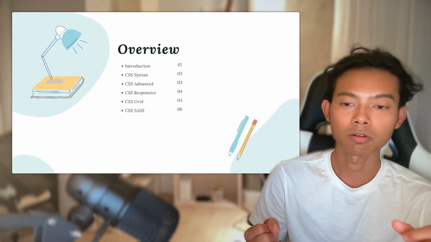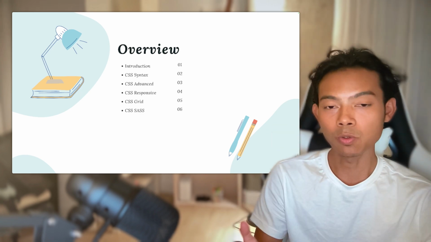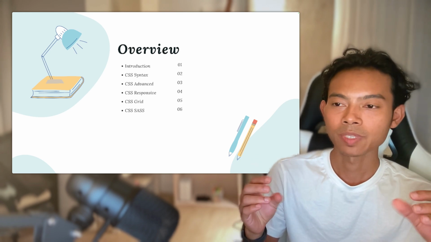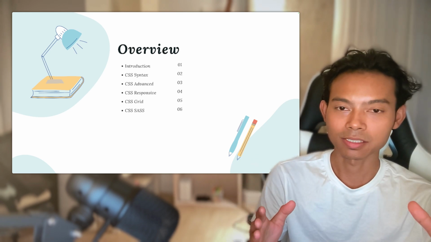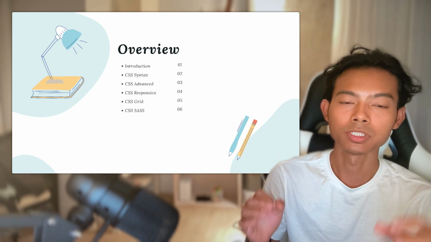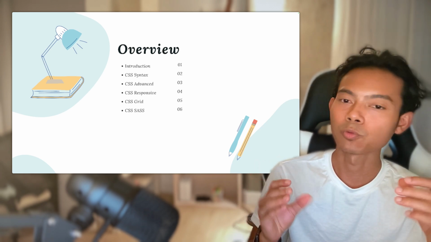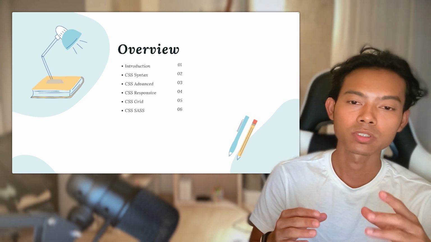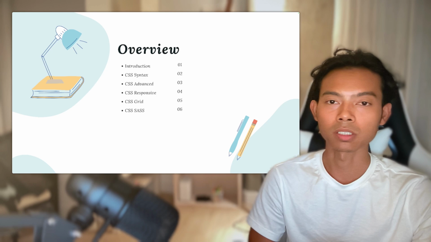When you drive a car, you will see a big screen in front of you. This is called the display. That's why, when it comes to web design, you have to think about responsiveness across different devices. And also we will study CSS grid, and I will talk about Sass as well.